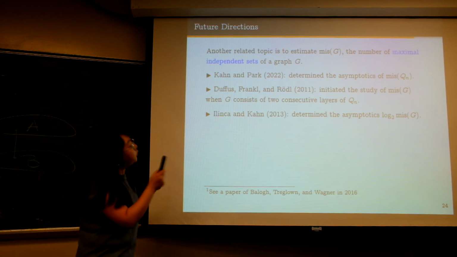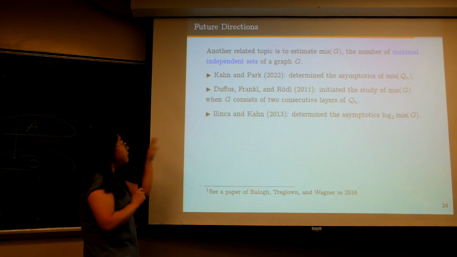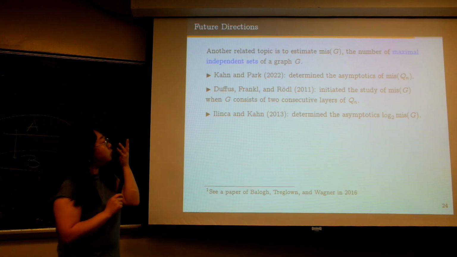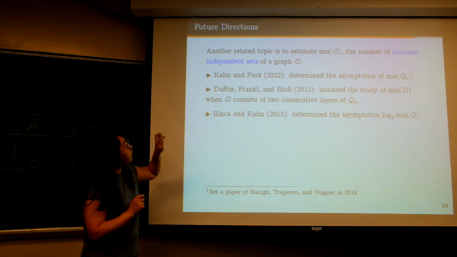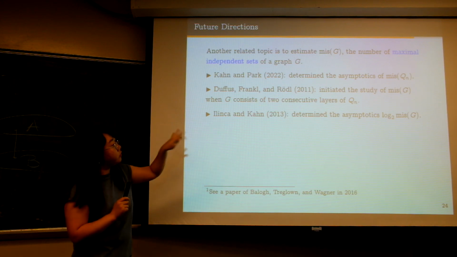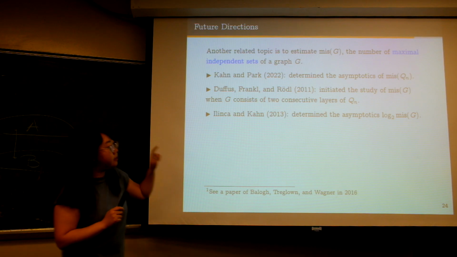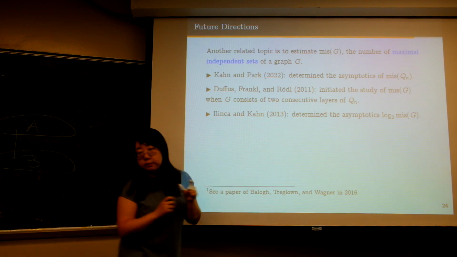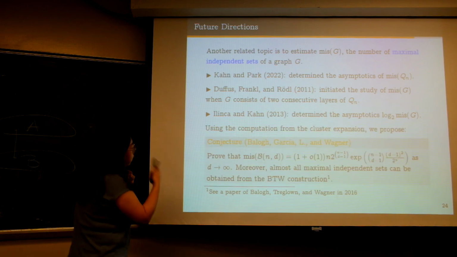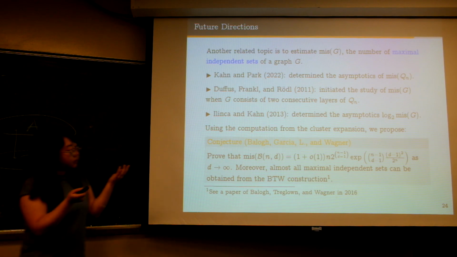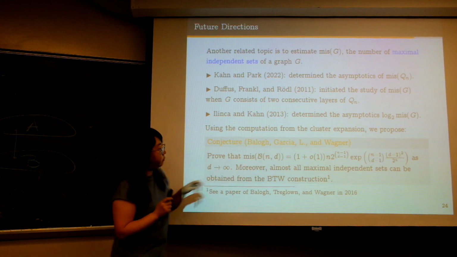For the hypercube, the precise asymptotics of the number of maximal independent sets was recently determined by Kahn and Park in 2022. And for the middle two layers, the study started pretty early, given by Duffus, Frankl, and Rödl in 2011. And later, Ilinca and Kahn determined the asymptotics for the logarithm of this number. And with Balogh, Garcia, and Wagner, we proposed a conjecture for the precise asymptotic formula for the number of maximal independent sets.